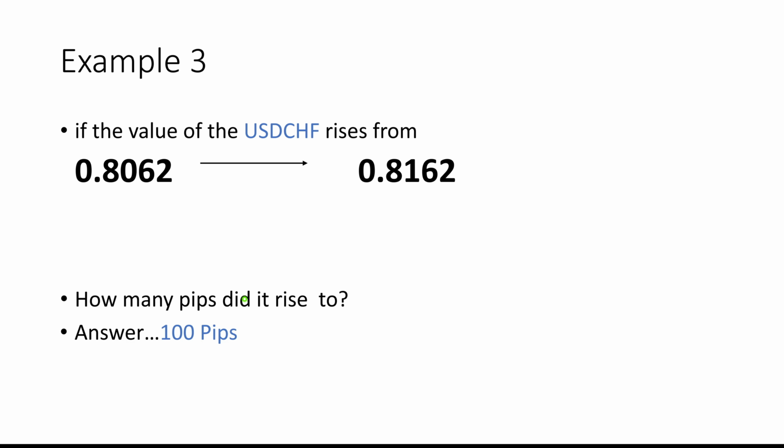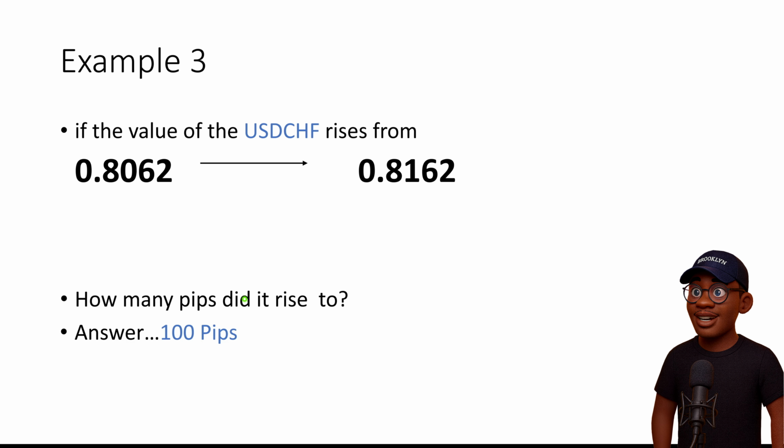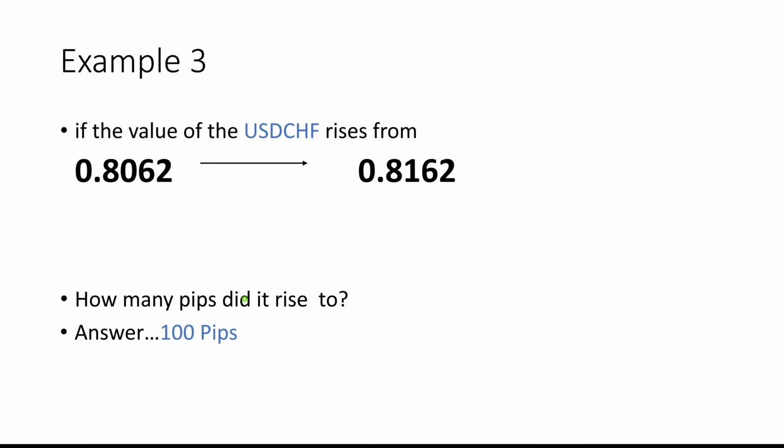I believe that you have fully understood the concept of pips when it comes to non-JPY pairs. Now let's look at JPY pairs and see how that one goes. The pair that I'll choose in this regard is GBP JPY.